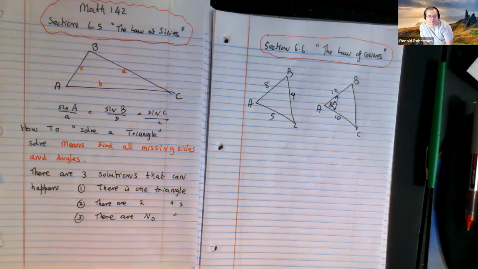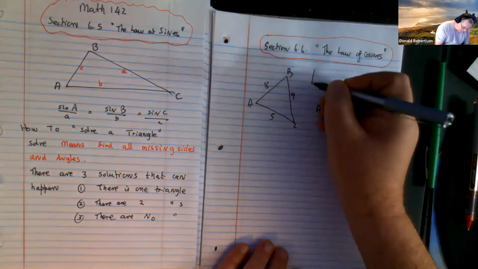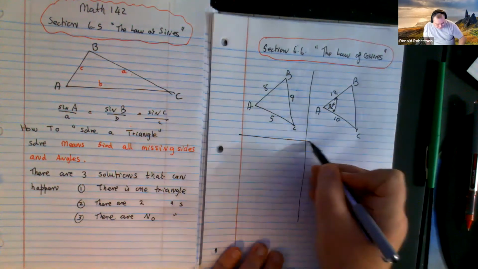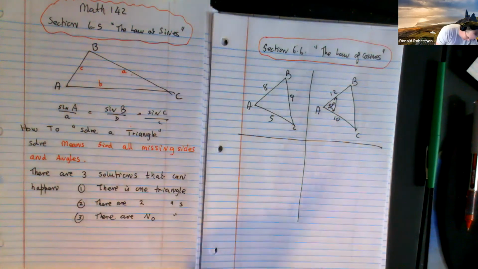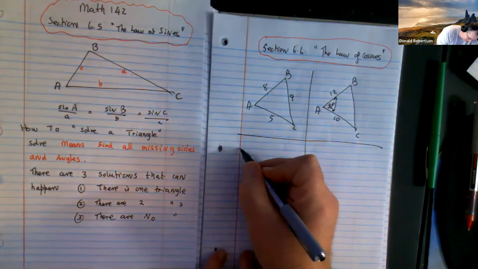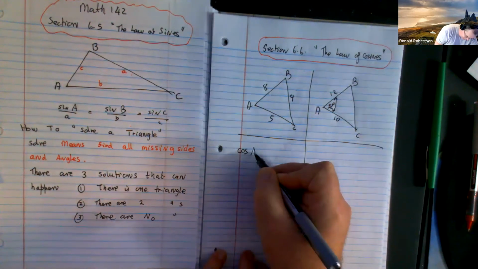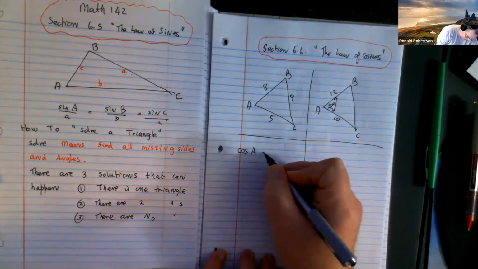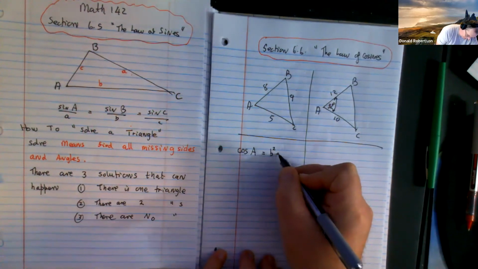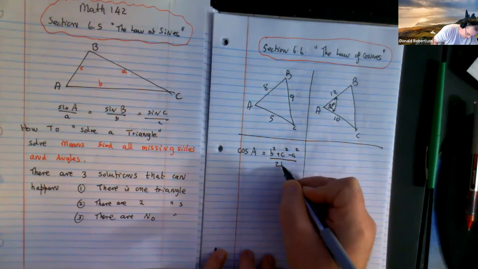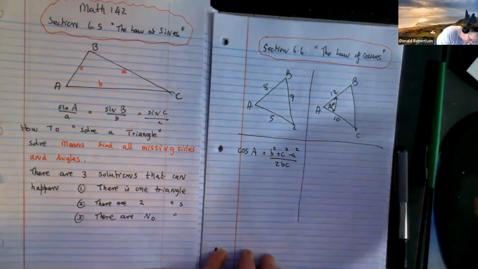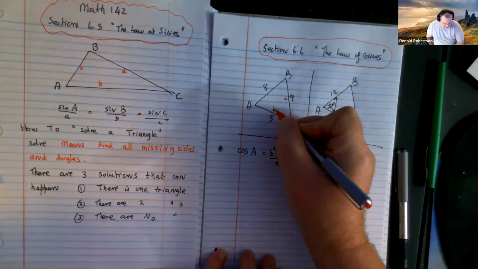And what they ended up doing is finding what's called the law of cosines. It's basically a formula. And to be really specific, it's two formulas. When you know all three sides and you want to find a missing angle, the formula is the cosine of A is b squared plus c squared, take away a squared, over 2bc, where little a, little b, and little c are the sides.